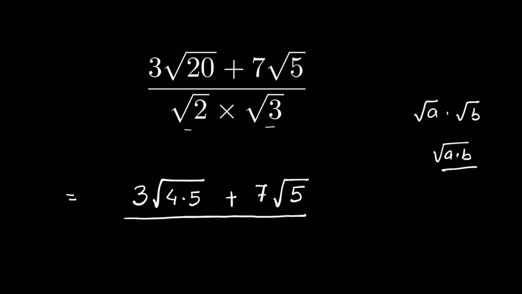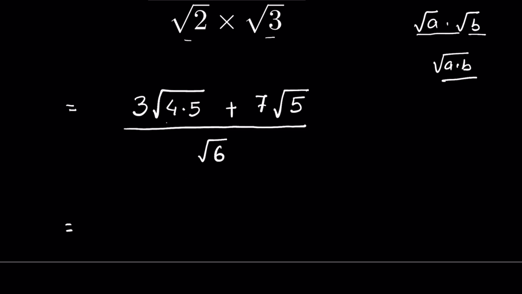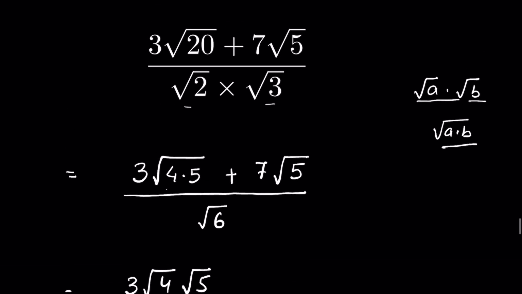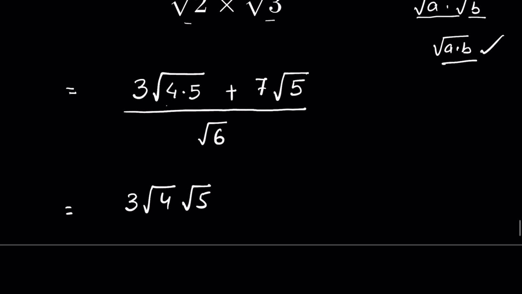So this we can write as square root of 6. Again, here 4 times 5 under square root, we can write as 3 times square root of 4 times square root of 5 using this property, plus 7 times square root of 5 upon square root of 6.